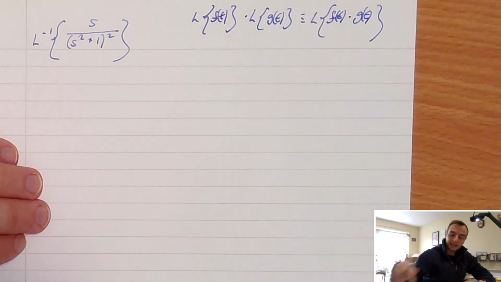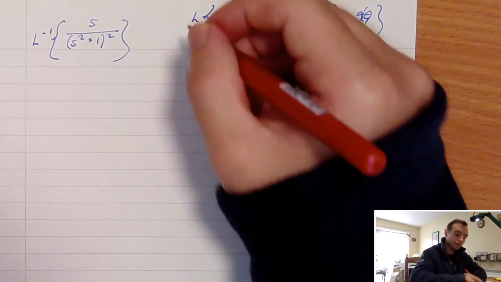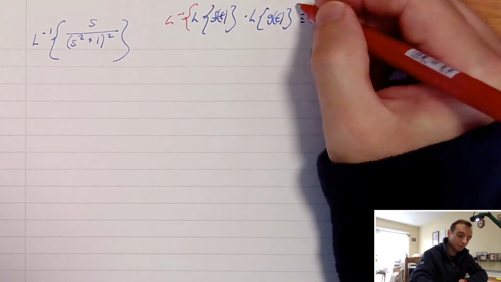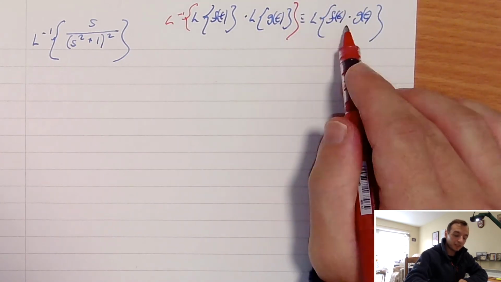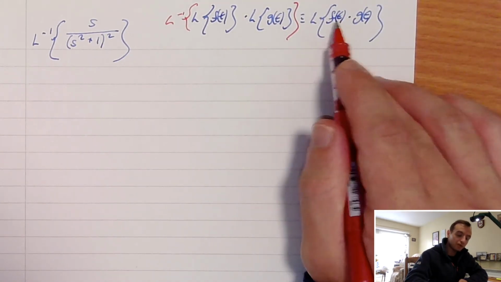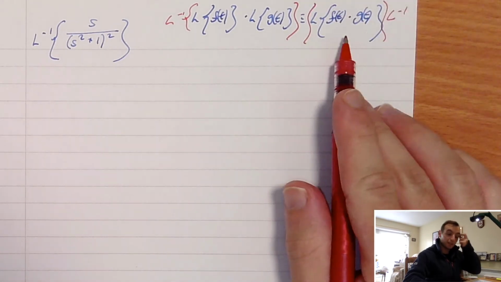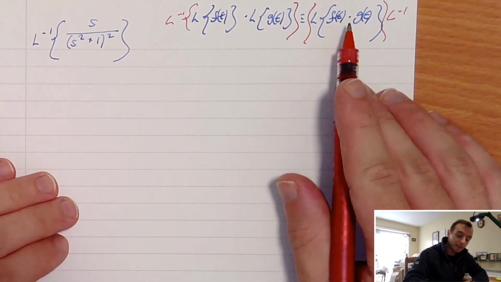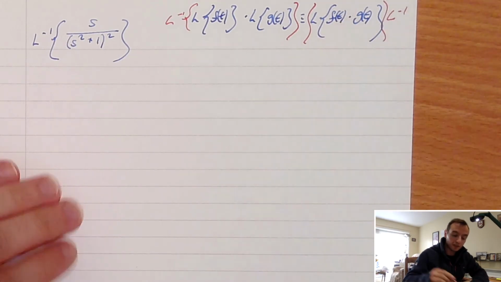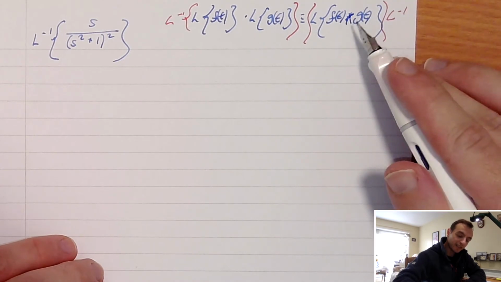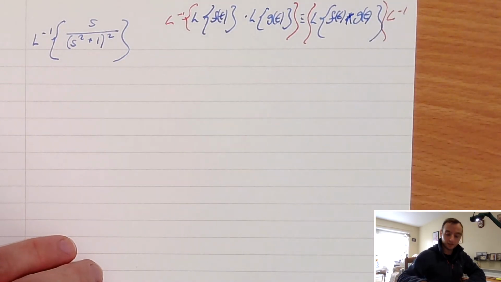So therefore, if we take the inverse Laplace transform of the Laplace transform of f of t dot the Laplace transform of g of t, that must equal the inverse Laplace transform of the Laplace transform of f of t convoluted with g of t. And of course, the inverse Laplace transform of the Laplace transform cancels the Laplacian operation, meaning that we're left with f of t convoluted with g of t, not dot t.